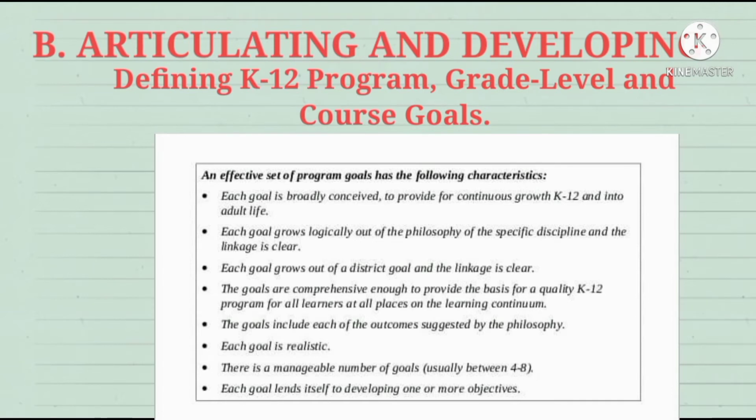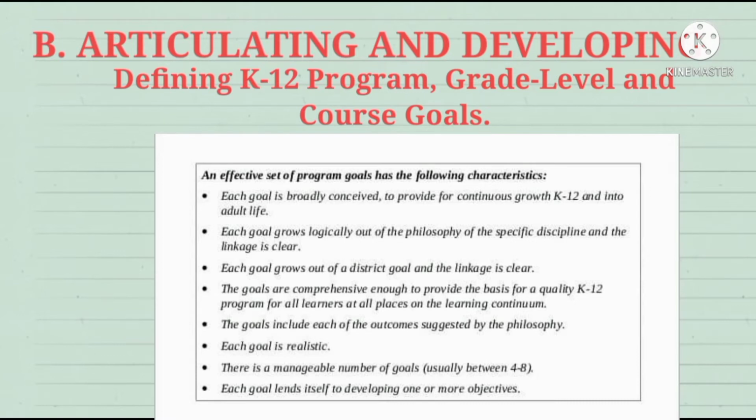Each goal is broadly conceived to provide for continuous growth K-12 and into adult life. Each goal grows logically out of the philosophy of the specific discipline and the linkage is clear. The goals are comprehensive enough to provide the basis for a quality K-12 program for all learners at all places on the learning continuum.